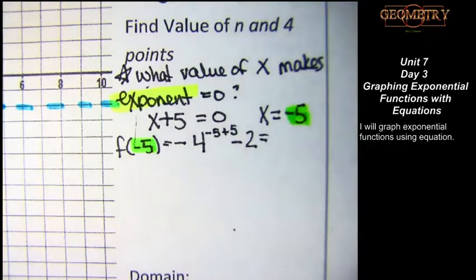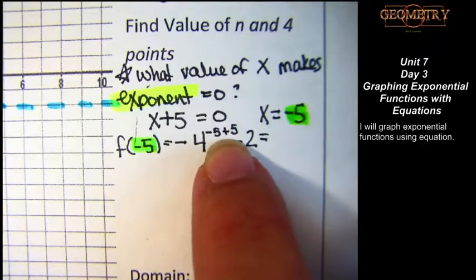And I'm going to evaluate that. But remember, that value made the exponent 0, yes? Yes, because that was the value I calculated, setting the exponent to 0. I know, without having to do any work, that this up here is 0.